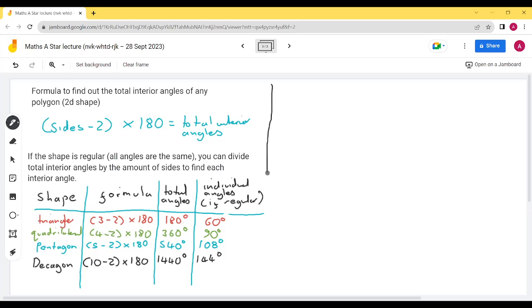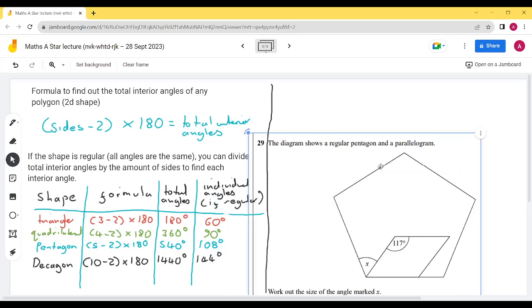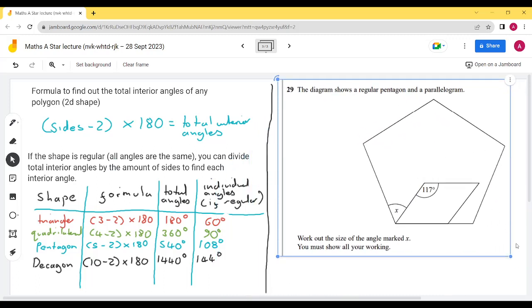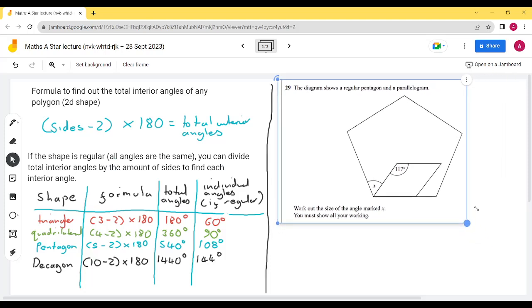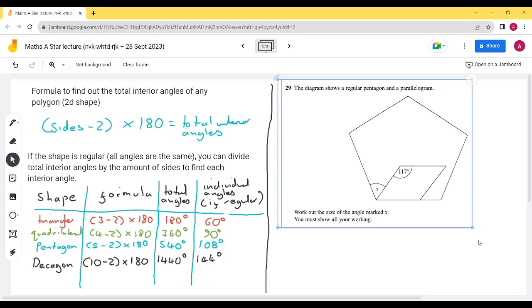And this is actually a late question from a GCSE. Generally, rules on interior and exterior angles are deemed late in the exam. But we're told here the diagram shows a regular pentagon and a parallelogram, and you need to work out the size of the angle marked X. You must show all your working out.